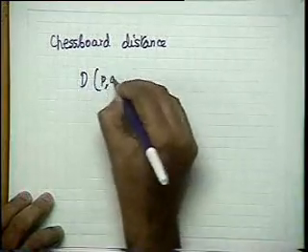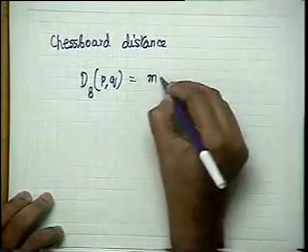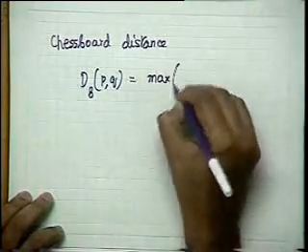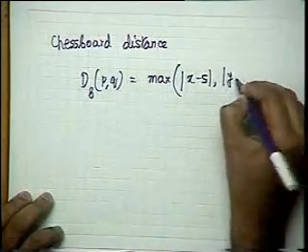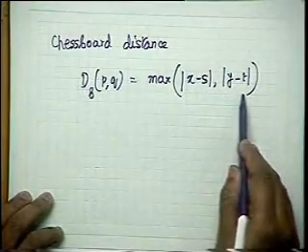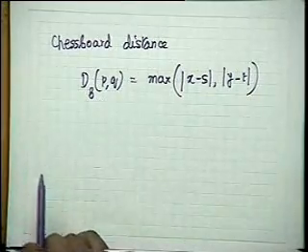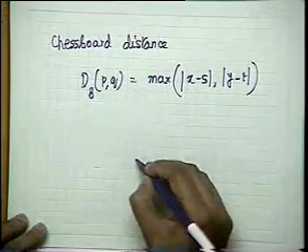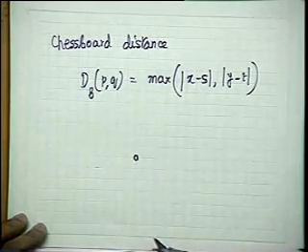And we define the chessboard distance like this: d pq, written with a suffix 8, and the definition is the maximum of mod of x minus s and mod of y minus t. So out of mod of x minus s and mod of y minus t, whichever is maximum should become the distance over here. So I take a pixel having distance 0 over here. This is my starting point.